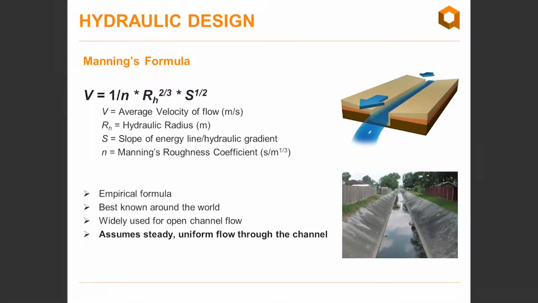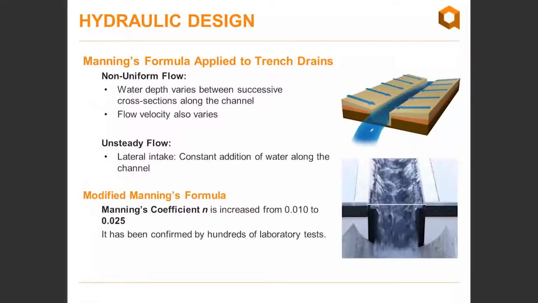It's an empirical formula best known around the world, widely used for open channel flow calculation, and it assumes a steady and uniform flow through the channel, as you can see on this picture here. Now, when we apply that to a trench drain, we have a non-uniform flow and a non-steady flow.